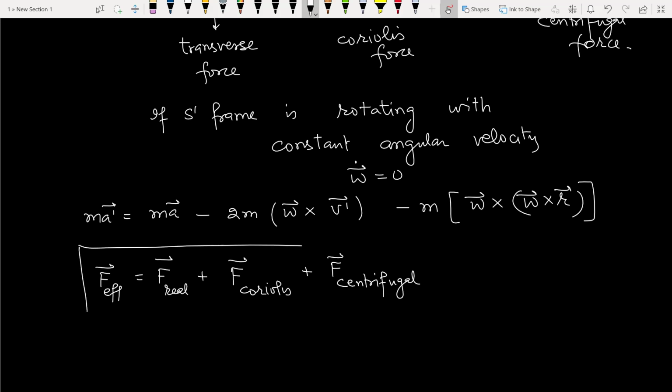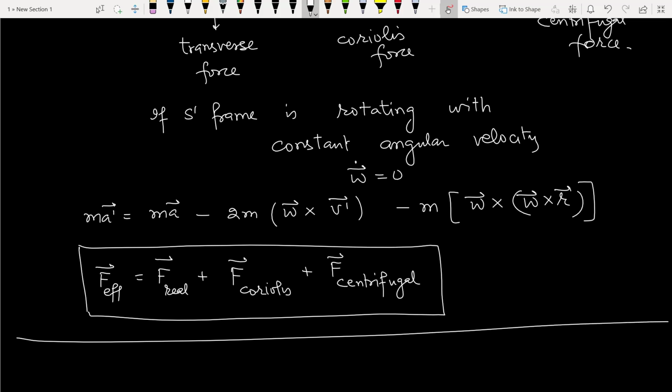So negative sign we can consider for direction. So we write here positive. That effective force consisting of 2 additional components, Coriolis and centrifugal force, if the S dash frame is moving with constant angular velocity, and these 2 terms will be our fictitious forces.